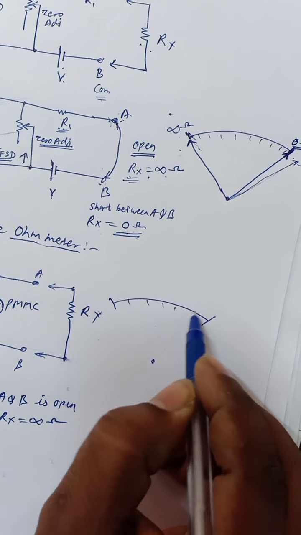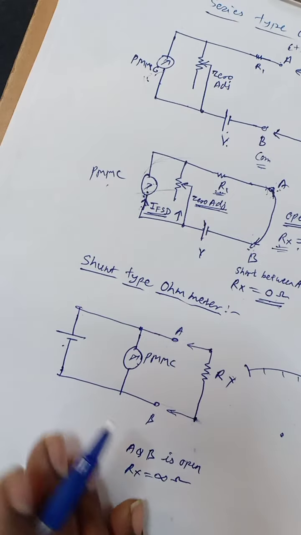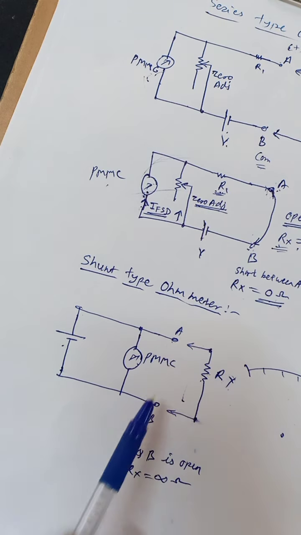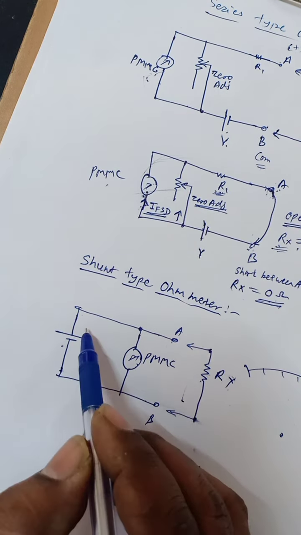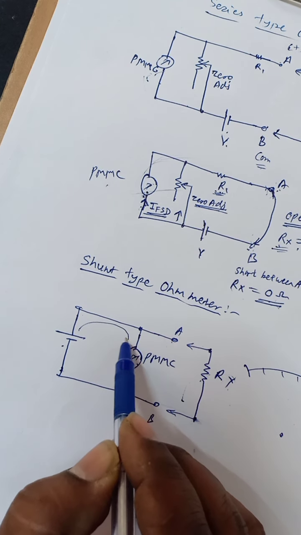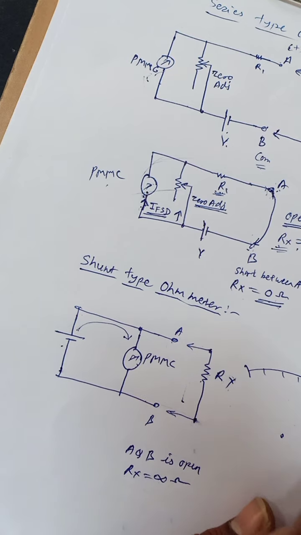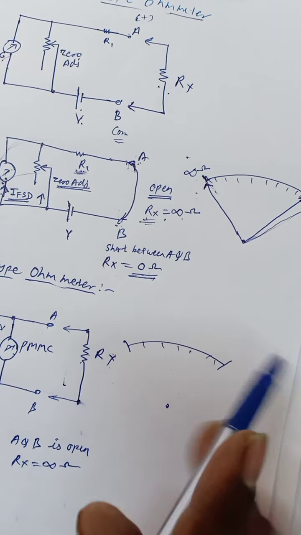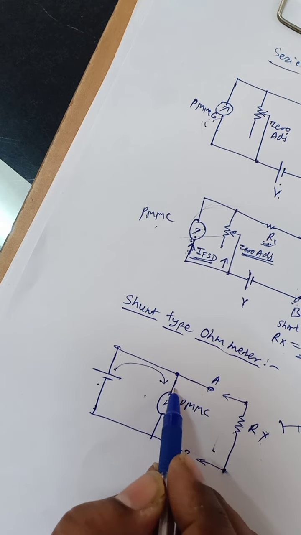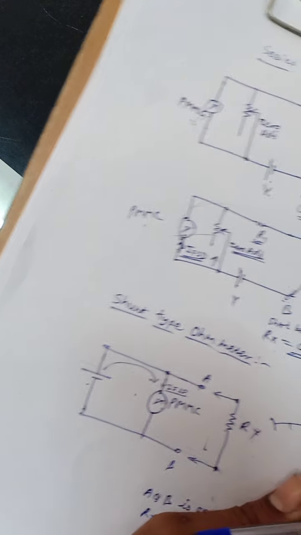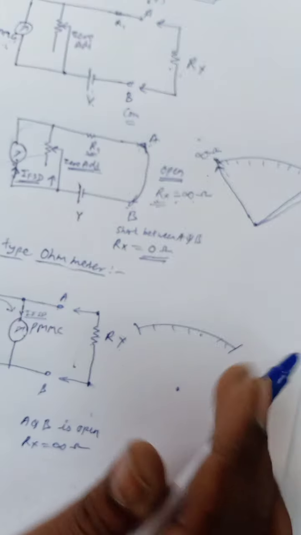When the A and B terminals are open, the total current flows through the PMMC. The maximum current flows through the PMMC, that is IFSD current, or more than IFSD.